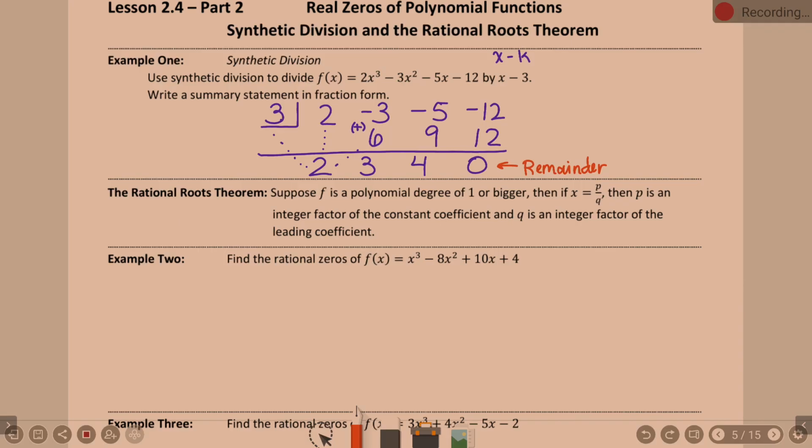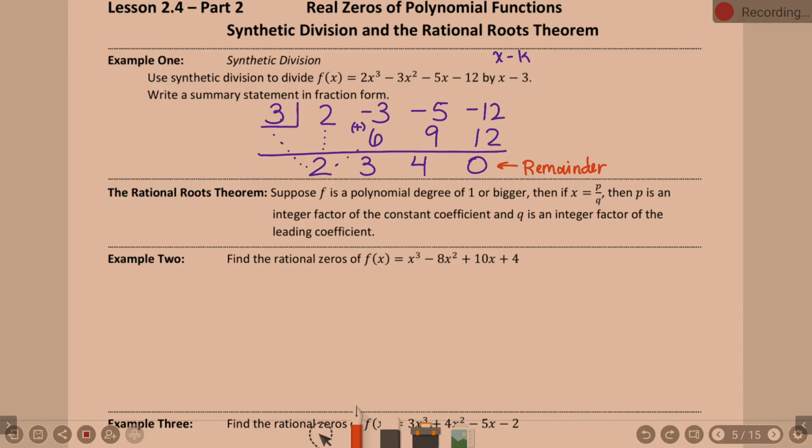How do we express our answer? 2x squared plus 3x plus 4. Use the provided signs, which if there's nothing there, it's positive. If we want minus, these would be negative terms.